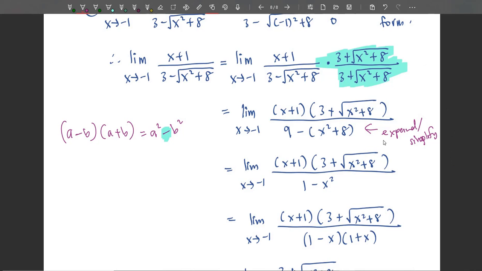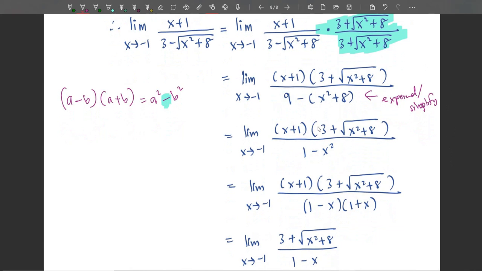So next. This one is x plus 1 in brackets, multiplied with 3 plus root of x squared plus 8 in brackets. And the one in the denominator is 1 minus x squared, which can be factorized into 1 minus x, 1 plus x.